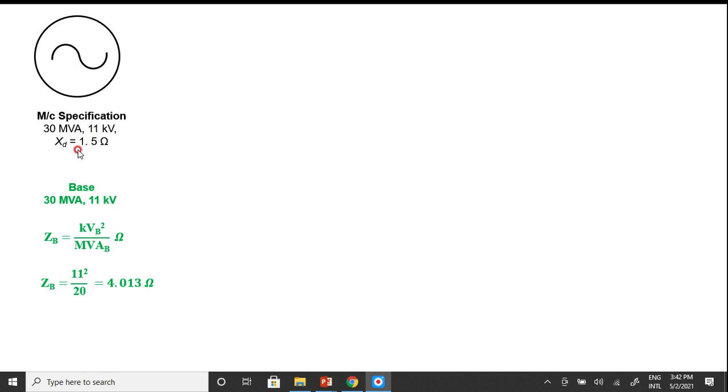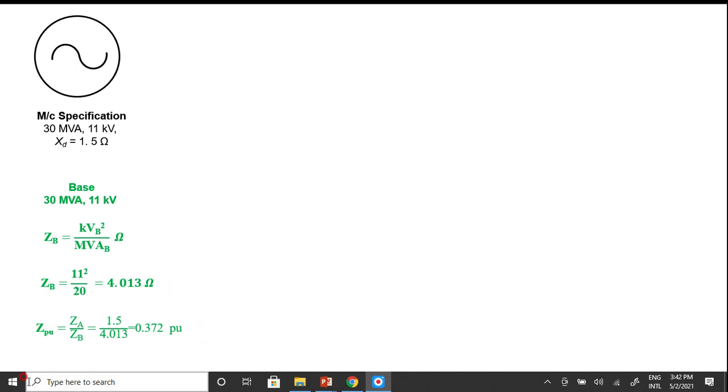The actual value of the machine we know is 1.5 ohm, and the base impedance is 4.013 ohm. Then the per unit value is Z actual divided by Z base, that is 1.5 ohm divided by 4.013, so I am getting the per unit value of 0.372 per unit.